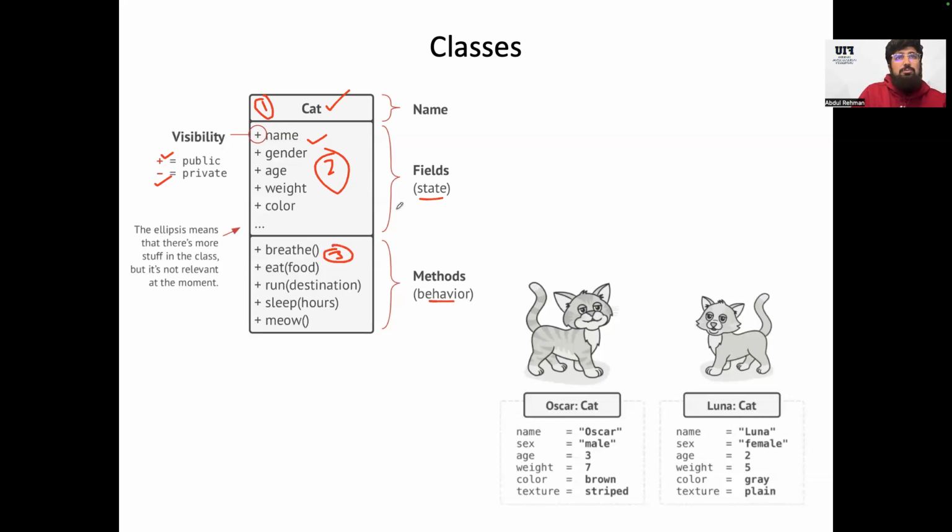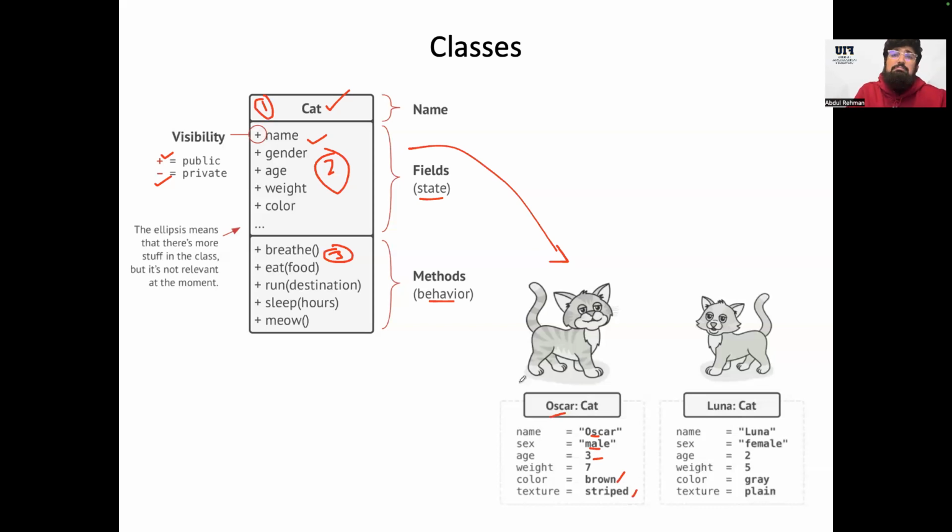As I told you, once we design, we see all the possible properties that could be part of the class. Then when we develop or use them, we implement them into the object. So let's say Oscar is a cat. What is the weight, the name of Oscar, gender, height, age, color, and texture? Many other things could come here.